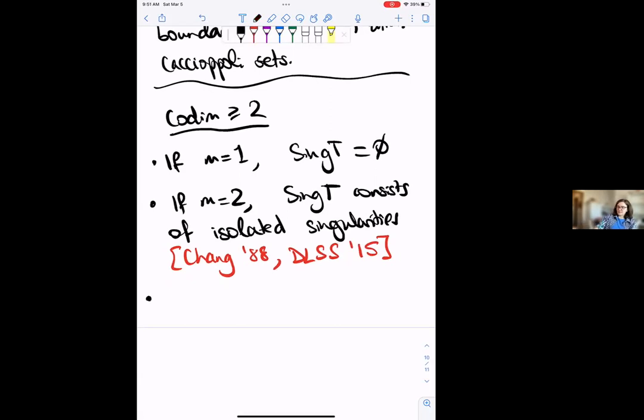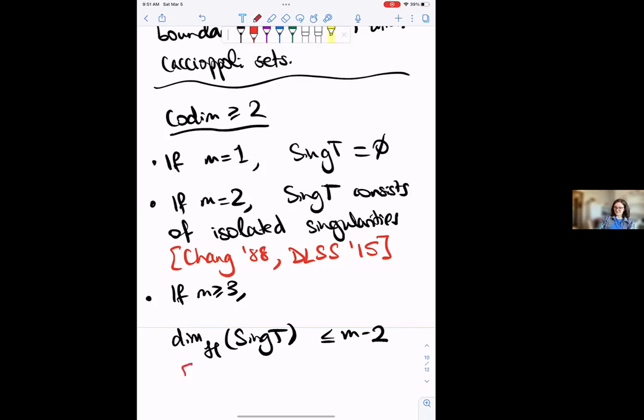But okay, and then in general, if m is 3, we have the dimension estimate due to Almgren, which says the Hausdorff dimension is at most m-2. This is, as many now call it, Almgren's big regularity paper in the 60s. More recently, Almgren's proof was simplified and made more transparent, more readable by De Lellis and Spadaro, who also relaxed the a priori assumption on the ambient manifold.